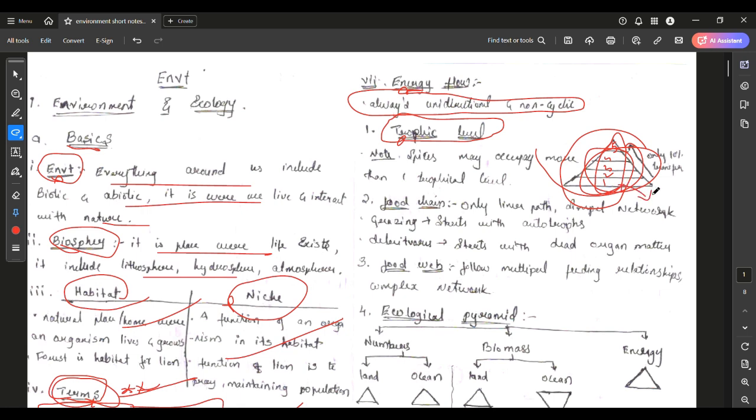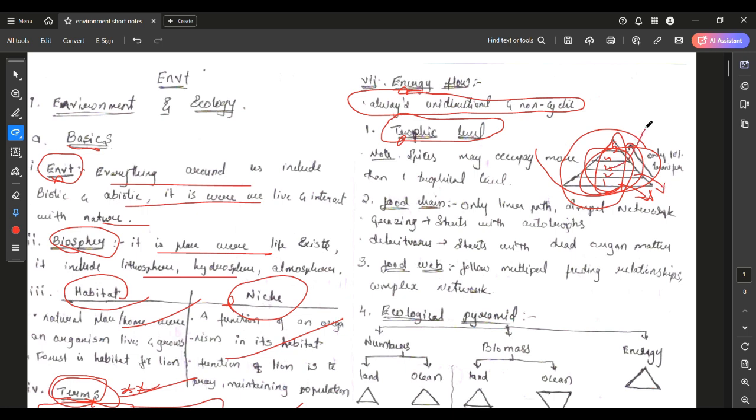The first trophic level is called producers, with examples such as grass, trees and phytoplanktons. In the second trophic level, we can say primary consumers, with examples such as deer, rabbits, caterpillars and zooplanktons.